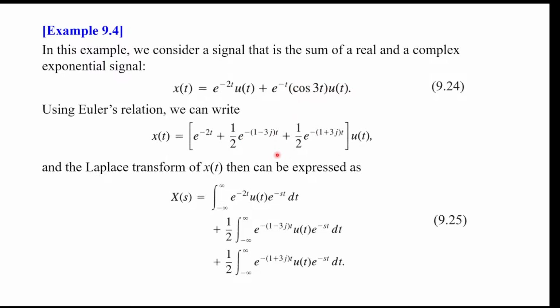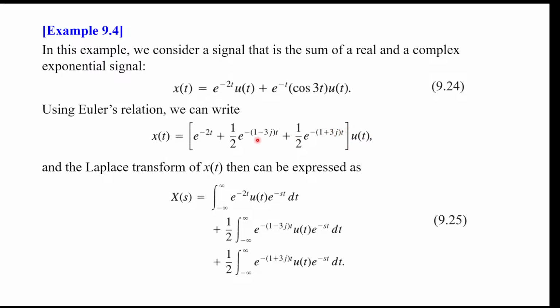So cosine 3t has an e to the 3jt term and an e to the minus 3jt term. Okay, so you break cosine into this summation of e to the 3jt and e to the minus 3jt, and you combine with this e to the minus t, so you get e to the minus 1 minus 3j t and e to the minus 1 plus 3j t.